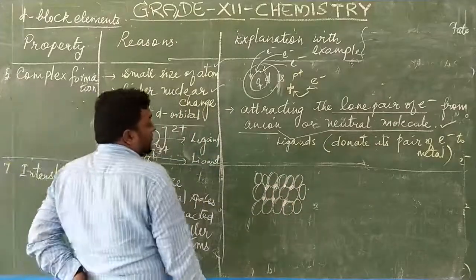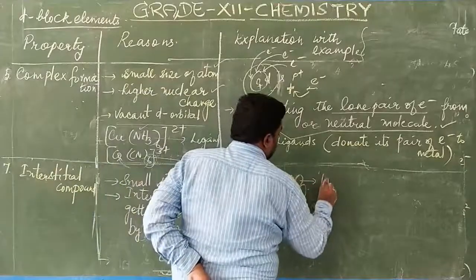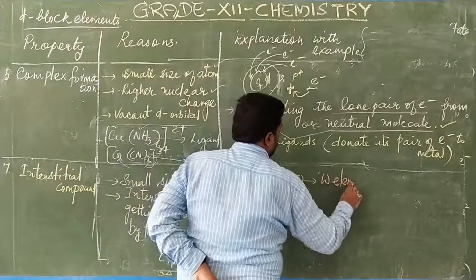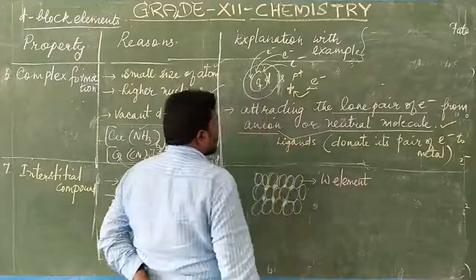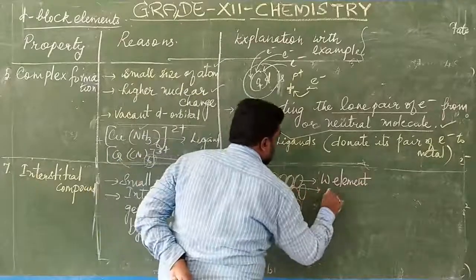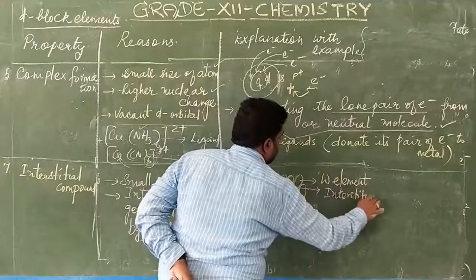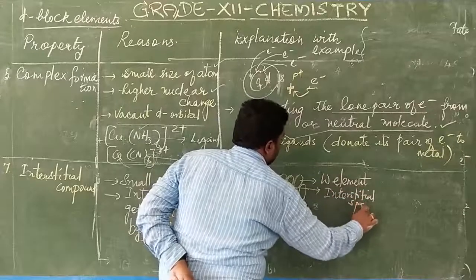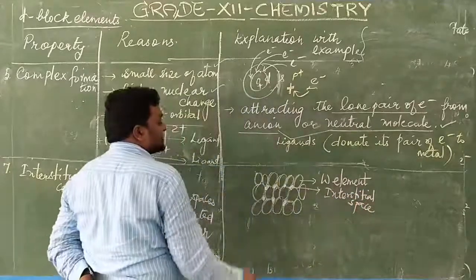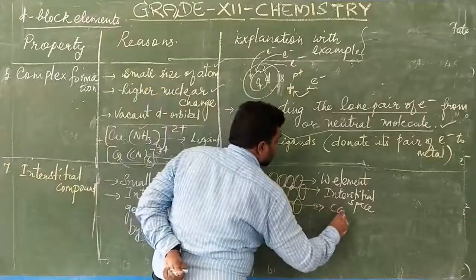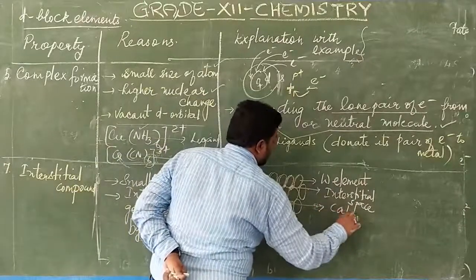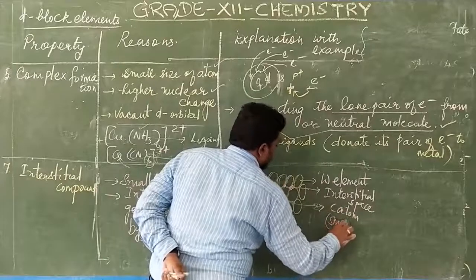Now I am taking the tungsten element. So this is the interstitial space. That interstitial space is being occupied by the carbon atom. What is this carbon atom? It is the smaller atom.